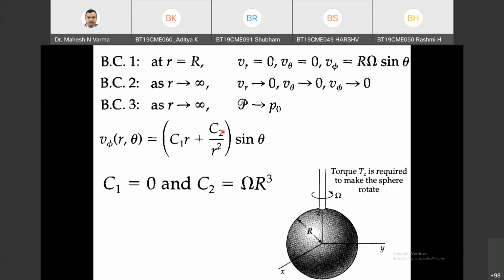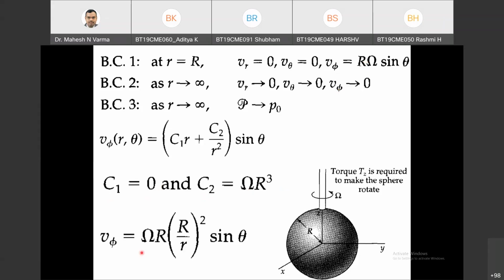So this sine theta will get cancelled, no? Yes, sir, R square omega. R cube. Here you will get R square, and here also one R is there. Yes, sir. C1 equals to 0 and C2 equals to omega R cube.